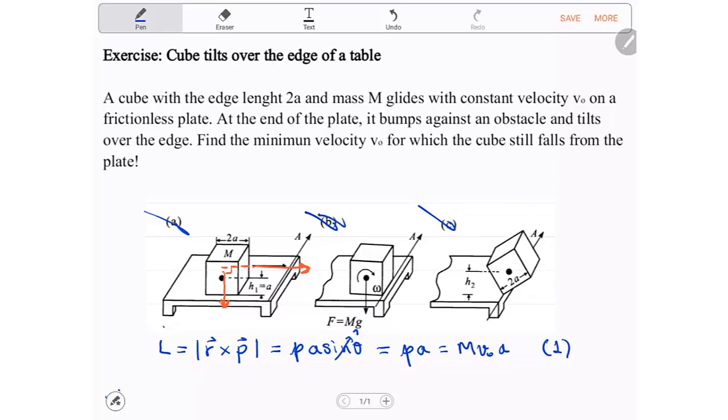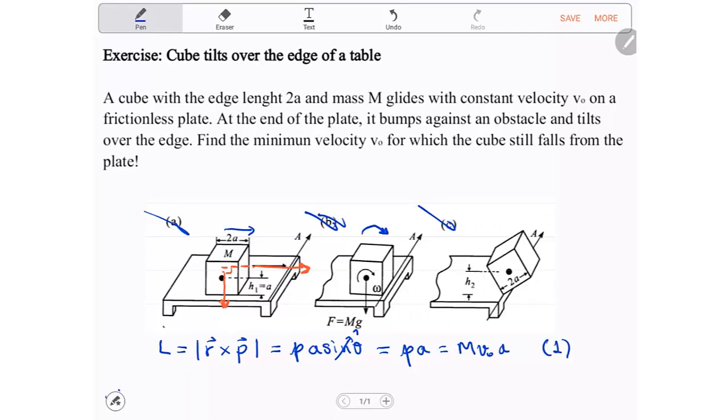an angular momentum that appears as rotational motion of the cube. You see on the first illustration that the motion is completely linear, but on this second part of the illustration, the cube starts experiencing a rotational motion.